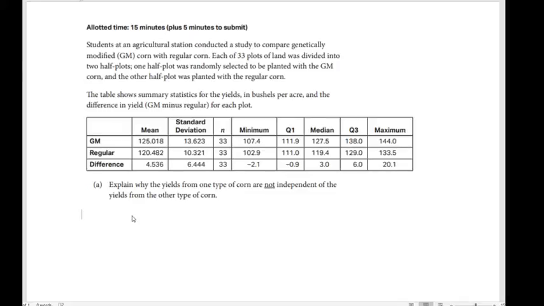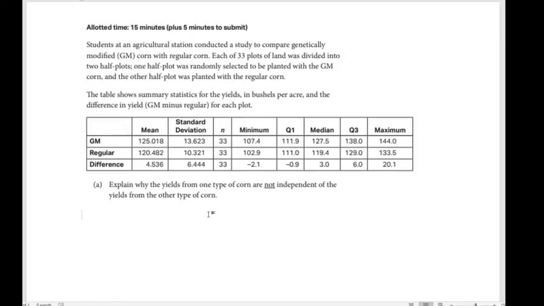One half plot was randomly selected to be planted with GM corn. The other half plot was planted with regular corn. And we've got tables below showing the information about the yields in bushels per acre of these various plots.